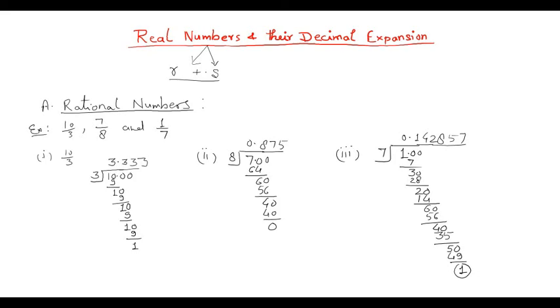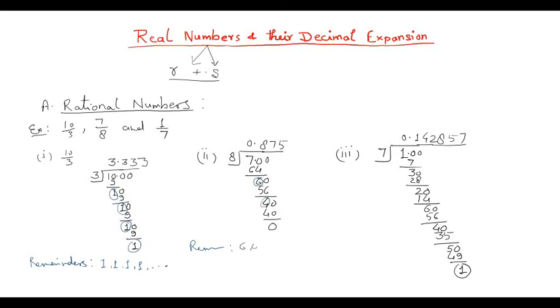In the first case, the remainders are 1, 1, 1, 1, and so on. In the second case, the remainders are 6, 4, and 0.